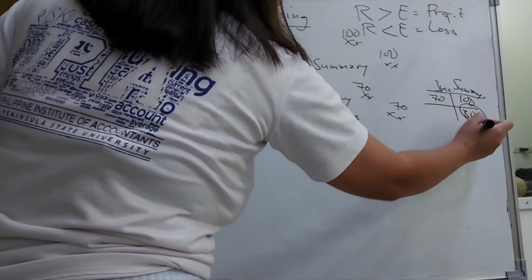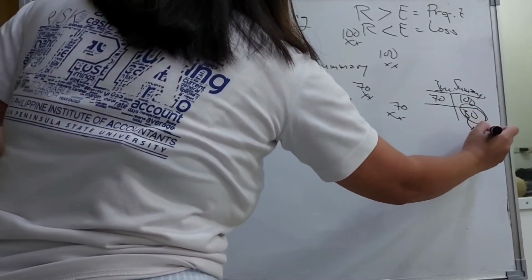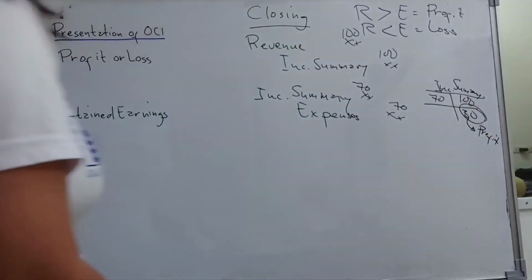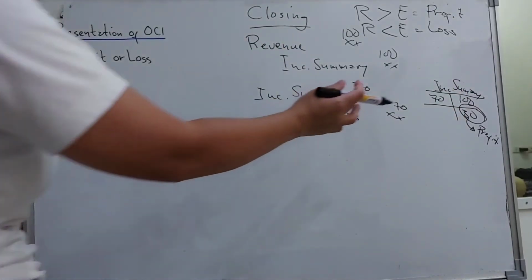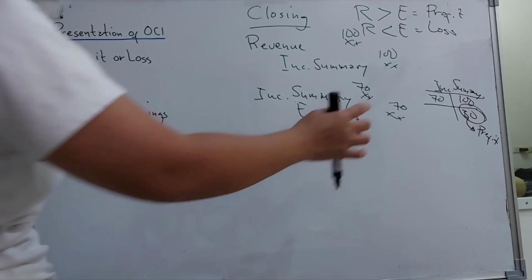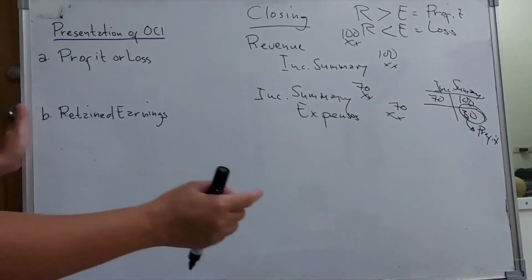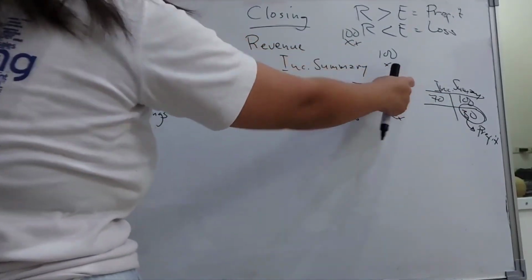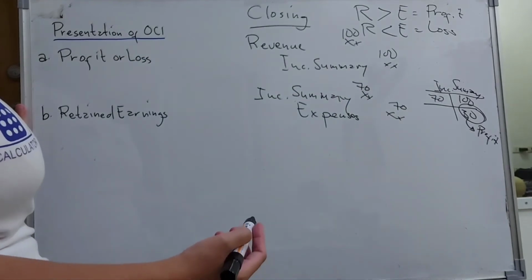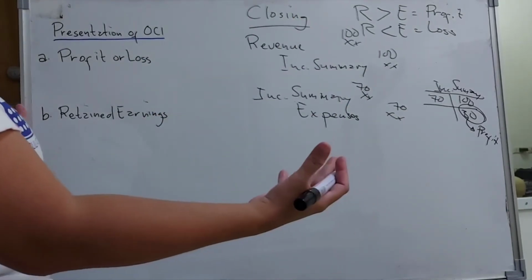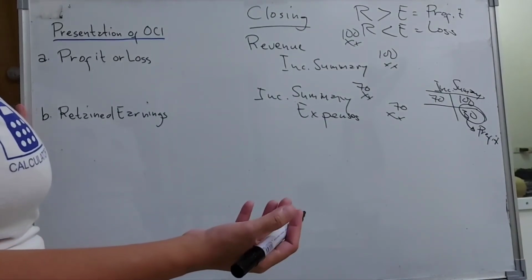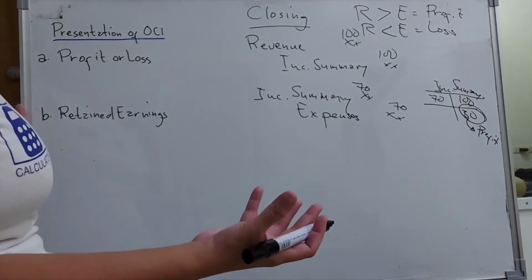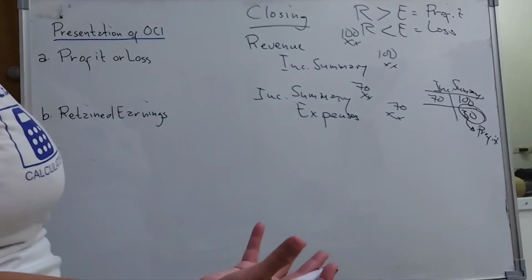So, kapag credit yung income summary mo, ibig sabihin, meron kang profit. Okay? So, meron kang profit kasi mas malaki yung revenue mo kaysa sa expenses. So, kapag meron kang profit, i-close mo, ito yung income summary, i-close kay capital. Okay? So, pag kinlose natin yan kay capital, since profit yan, anong effect niya sa capital? So, magi-increase yung capital. So, kaya i-credit mo naman yung capital.